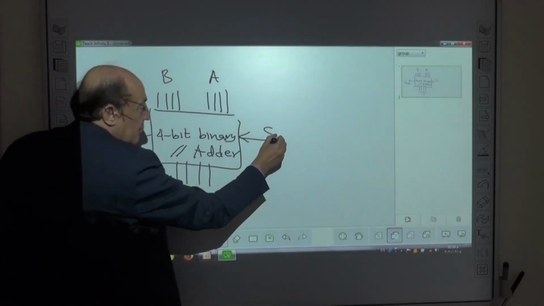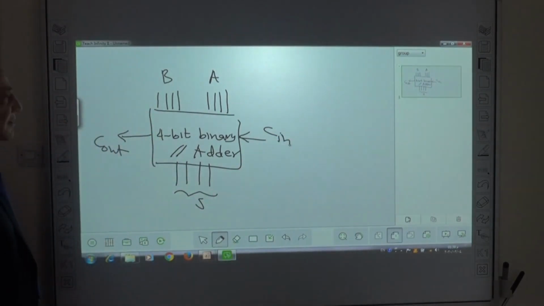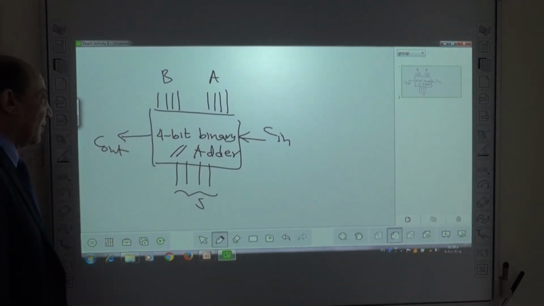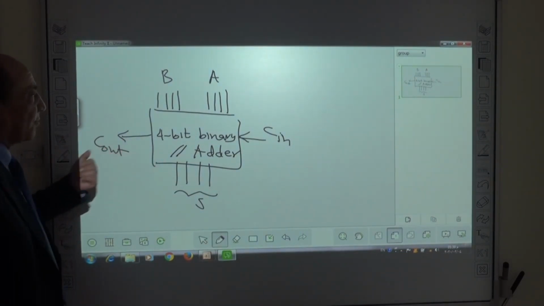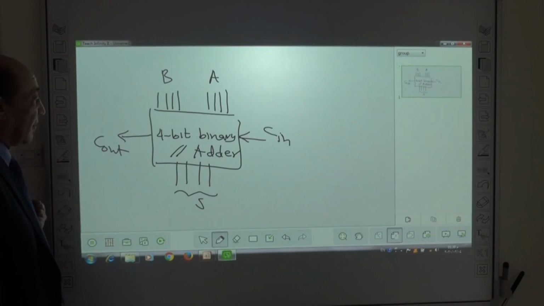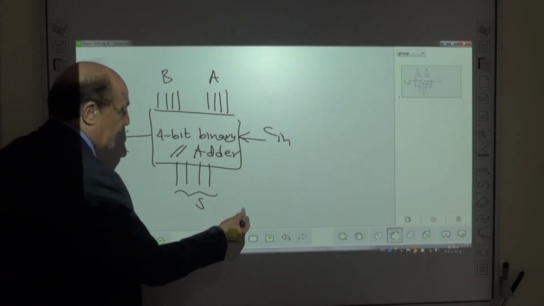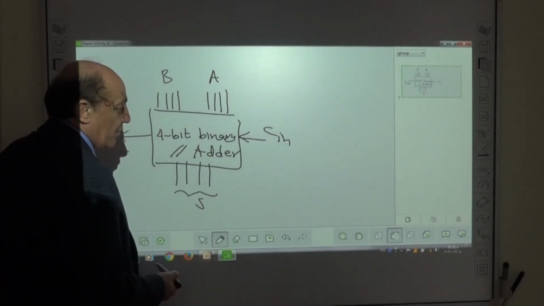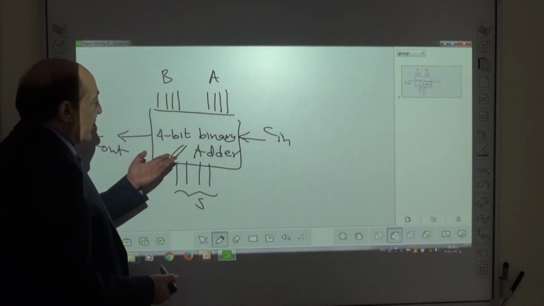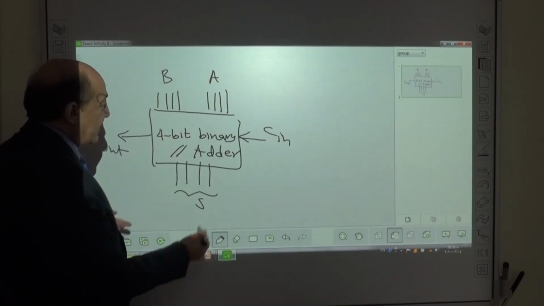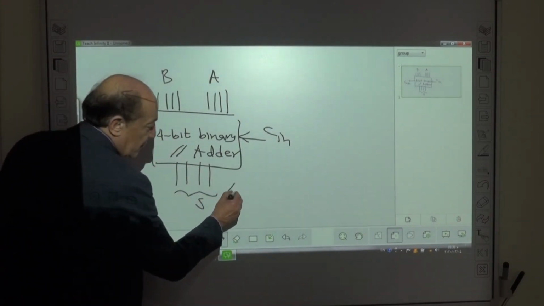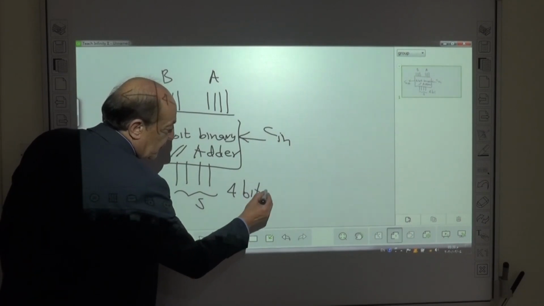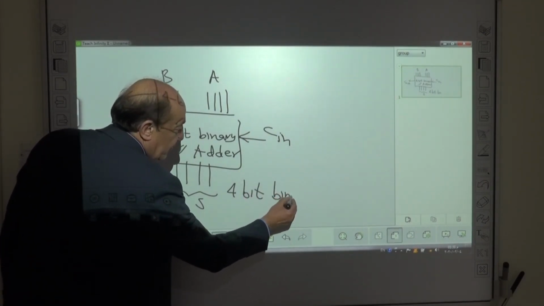This is the graphic symbol diagram for a 4-bit binary parallel adder. Really, if we want to add an 8-bit number with another 8-bit number, we need two of these 4-bit binary parallel adders.